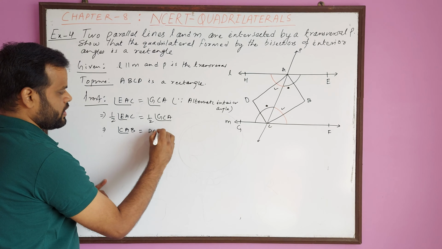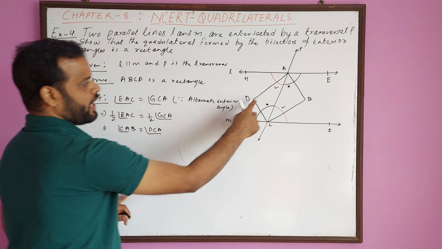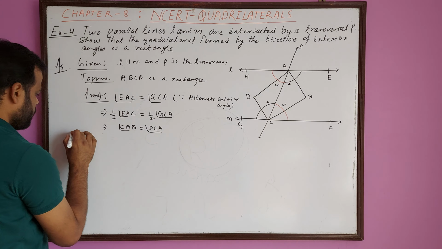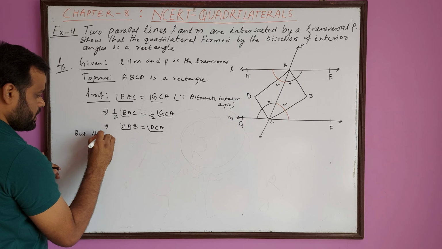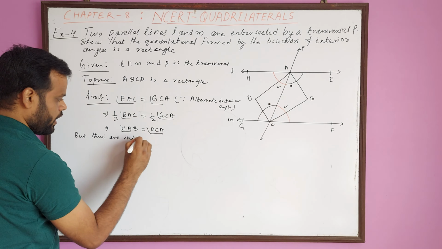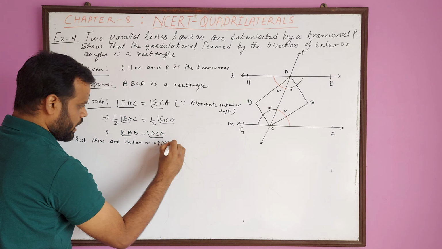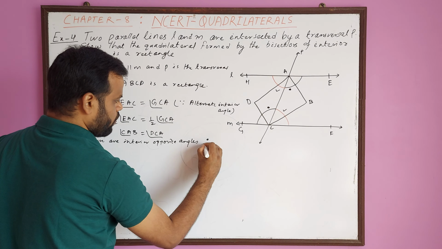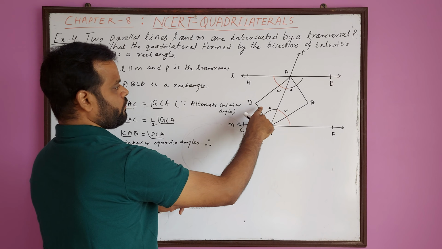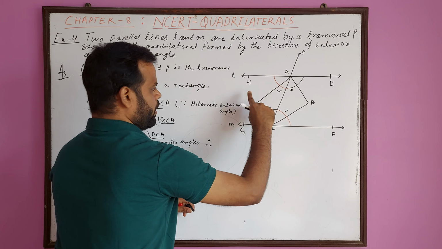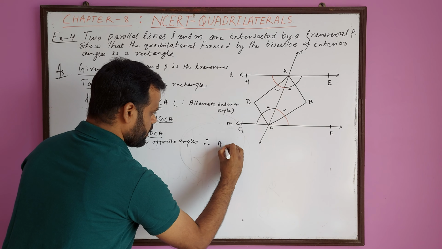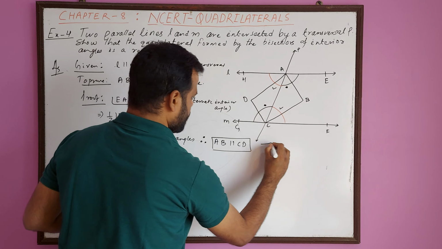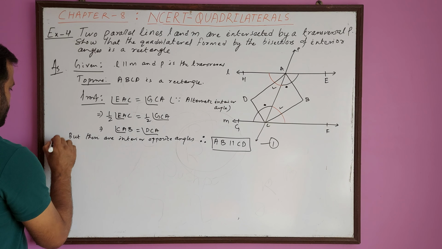But these are forming interior opposite angles. Therefore AB will be parallel to CD. This is equation number 1.